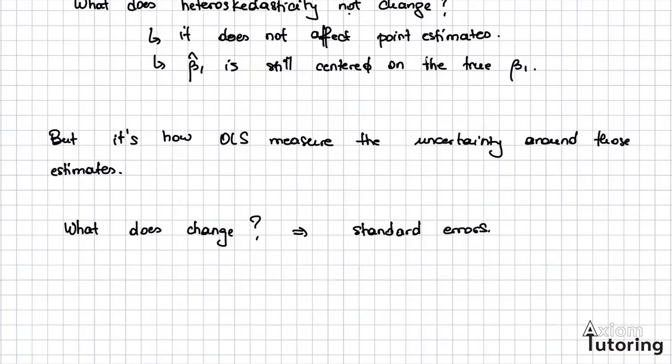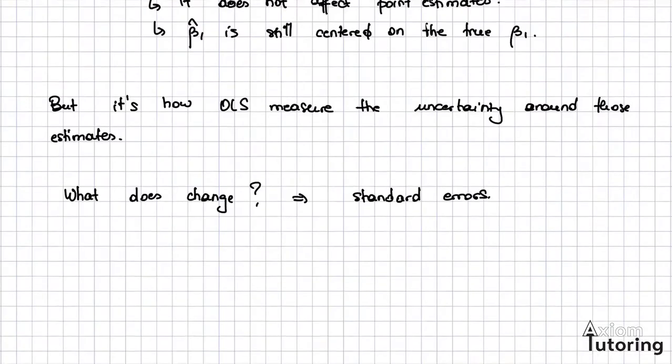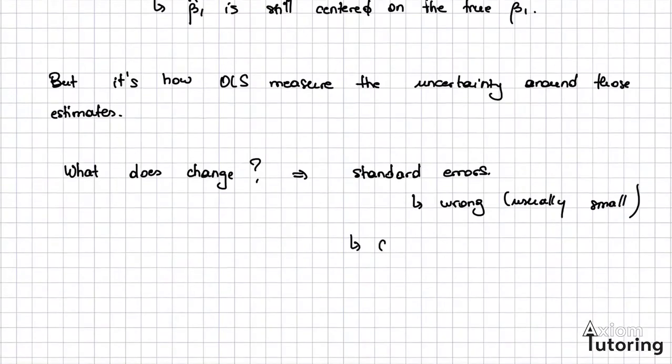When heteroskedasticity is present, standard errors are wrong, usually too small, which means that confidence intervals will be narrow, sometimes too narrow.